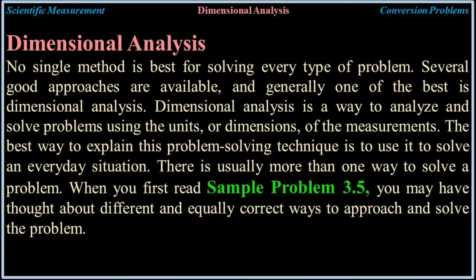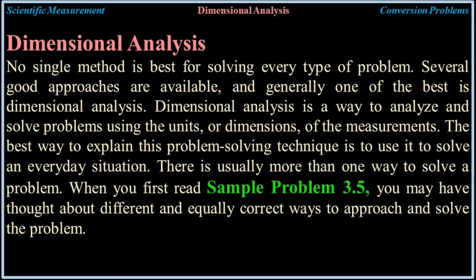Dimensional analysis. No single method is best for solving every type of problem. Several good approaches are available, and generally one of the best is dimensional analysis. Dimensional analysis is a way to analyze and solve problems using the units or dimensions of the measurements. The best way to explain this problem-solving technique is to use it to solve an everyday situation.